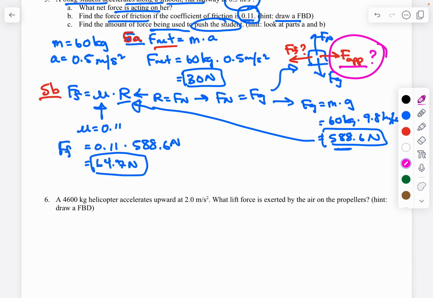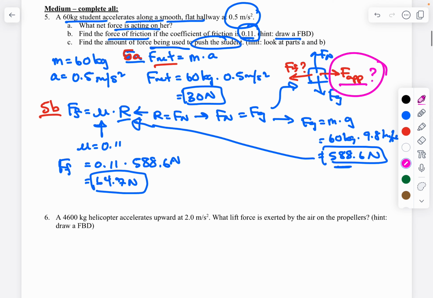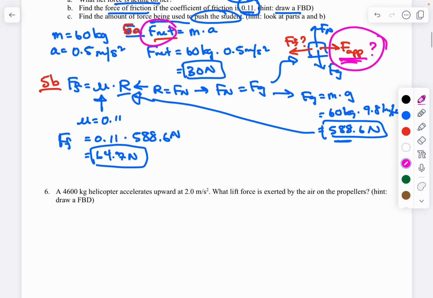That's what it's asking us to find now. Remember what we found was F net. We didn't actually find F applied. Sorry if I said F applied earlier, but they're actually different. My bad. I didn't read ahead, so that's bad. So anyways, we have C.